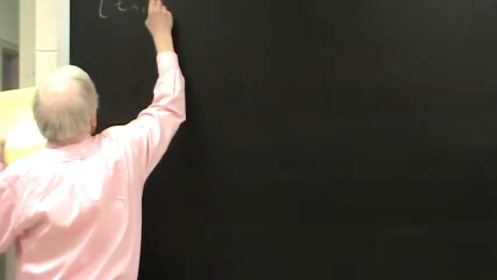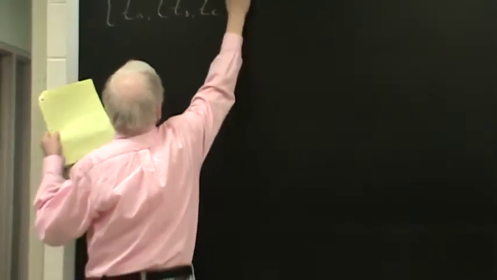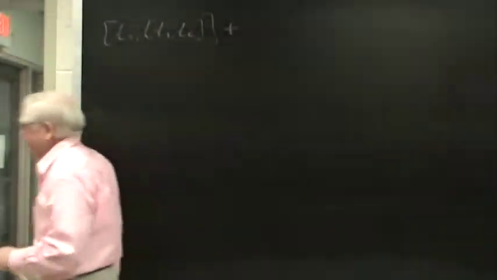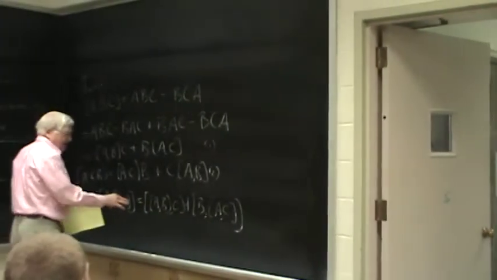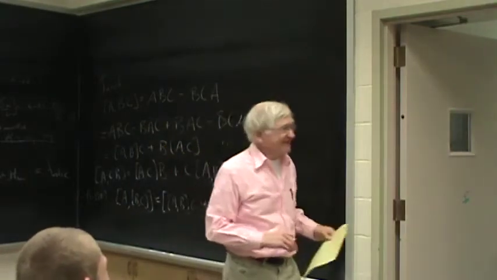Okay, so let's do this. T_A, T_B, T_C. So I'm going to just rewrite the Jacobi identity. And what you normally do with the Jacobi identity is you pull everybody to one side and have an equation of the form something equals 0.